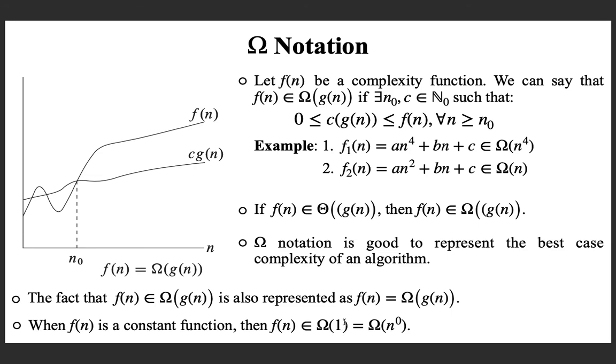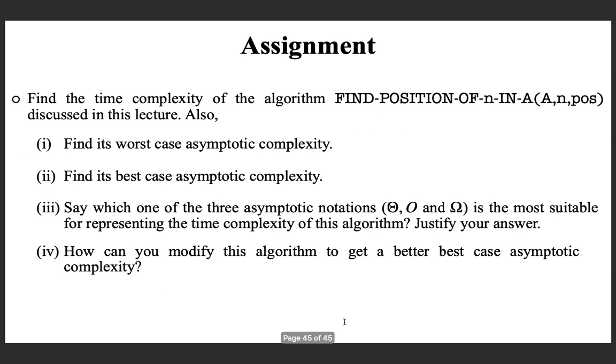With this, we are finishing this lecture, and I am giving you some exercise problems. You look at the algorithm that we discussed in the first lecture to find the position of an element in a finite sequence.